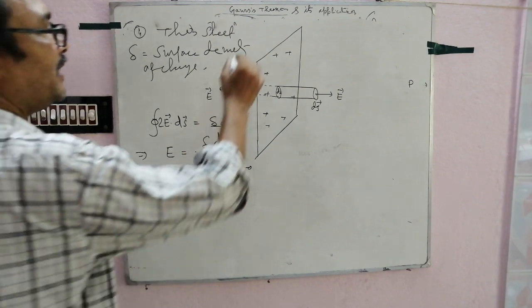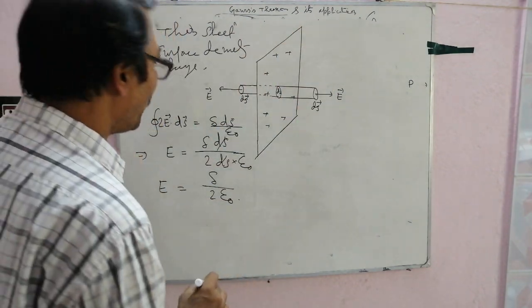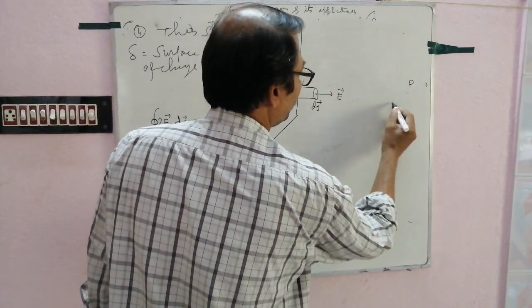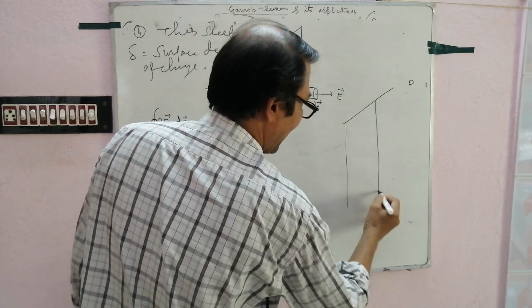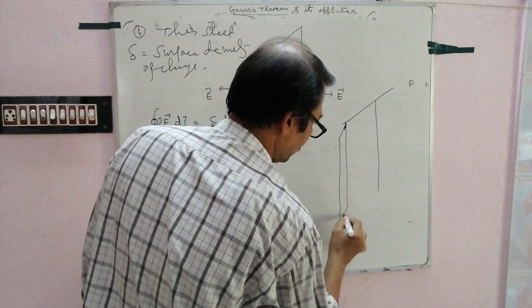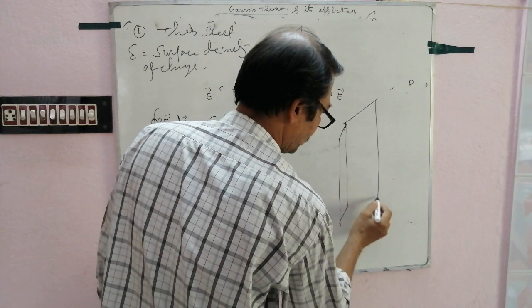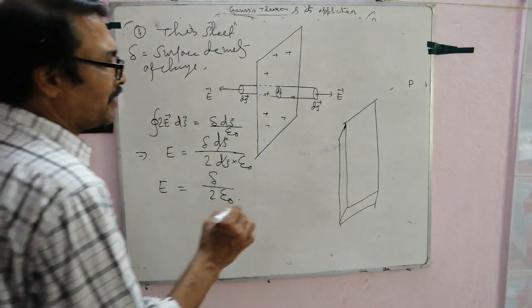If the sheet is thick, of finite thickness, then what will be the result? For finite thickness, suppose this is another thickness.